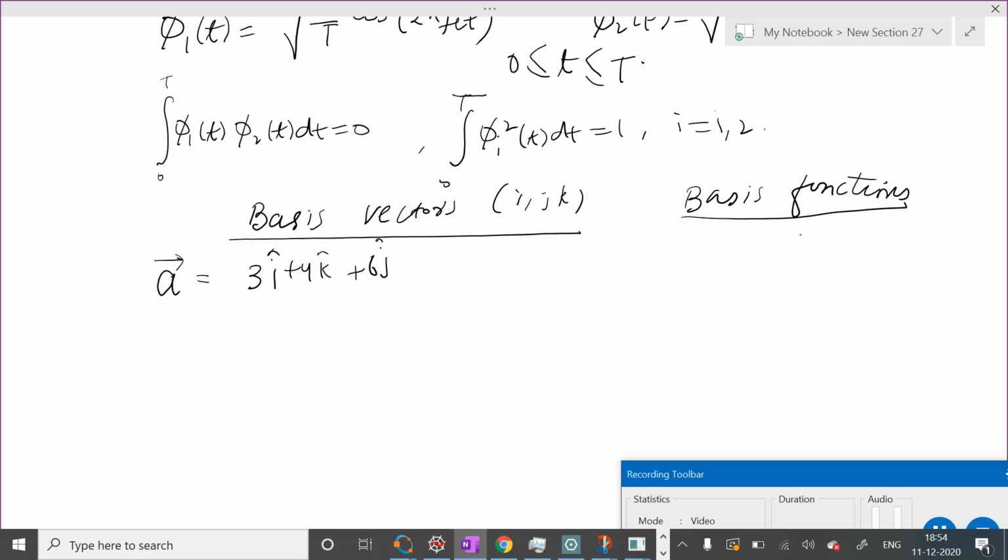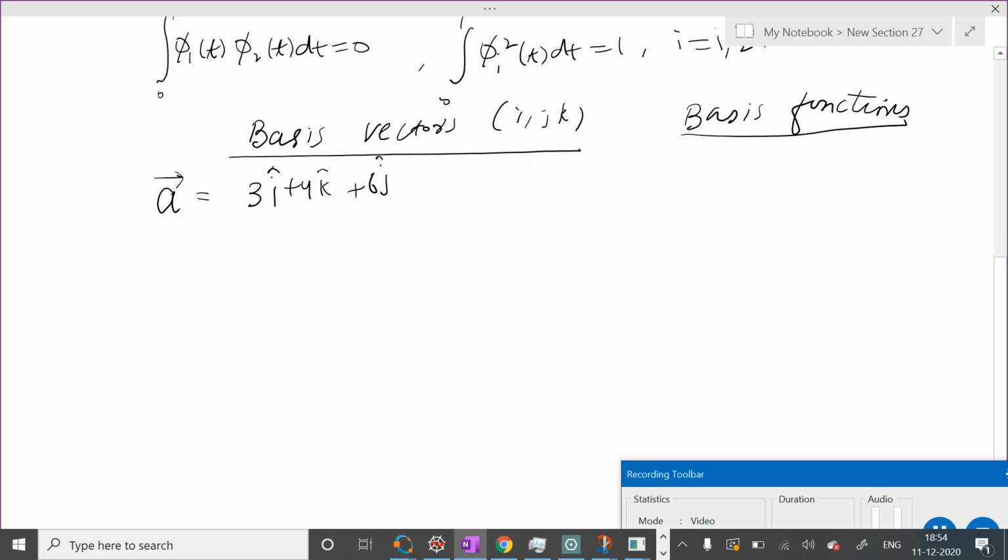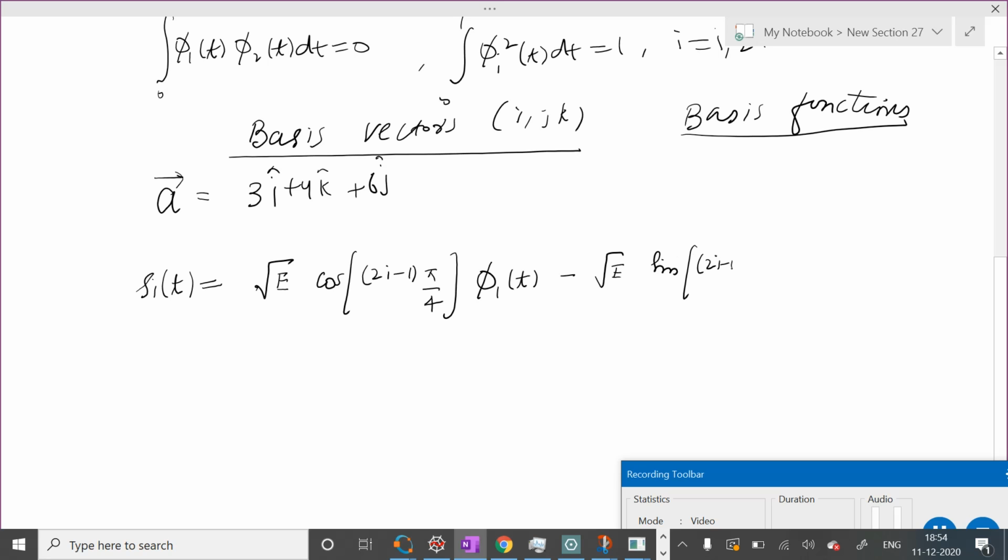So in particular, we can then rewrite s_i(t) as root of E cos((2i minus 1) pi by 4) phi 1 of t minus root of E sin((2i minus 1) pi by 4) phi 2 of t.